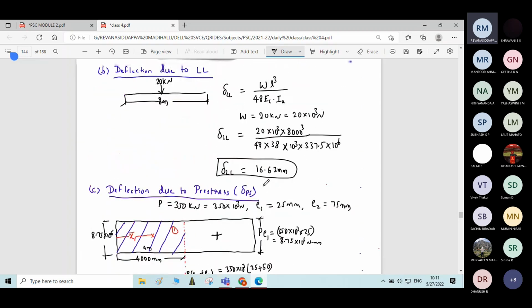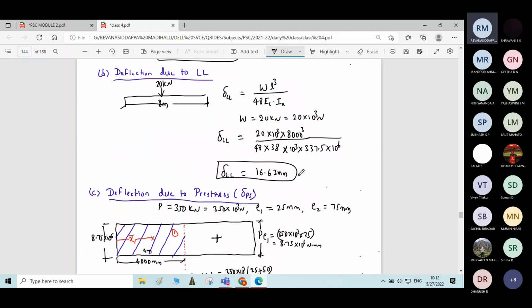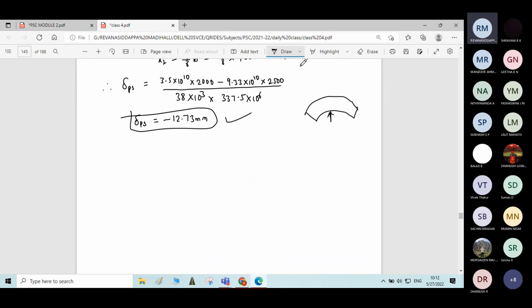Now you got deflection due to dead load, you got deflection due to live load, and deflection due to prestress. You can easily calculate short-term deflection now. Therefore, short-term deflection is equal to the sum of deflection due to dead load plus deflection due to live load plus deflection due to prestress.